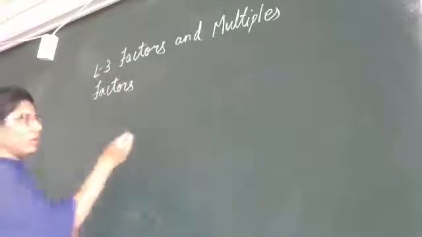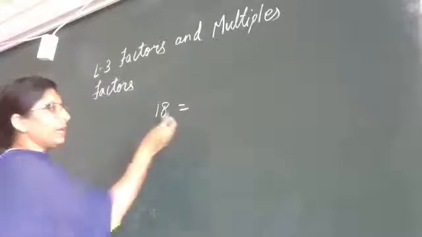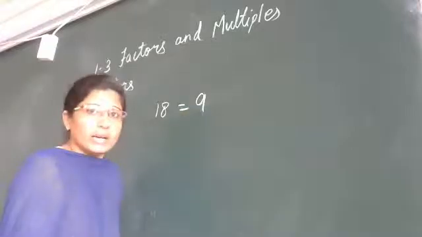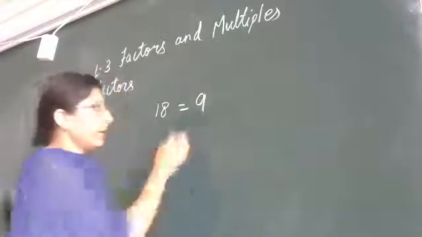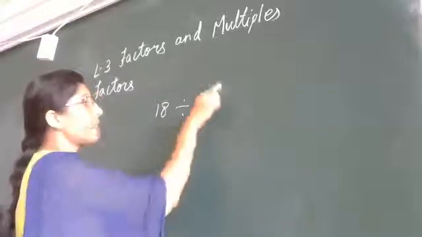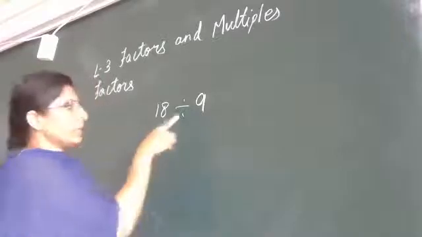If 18 is divided by 9, you will get the remainder as 0 only, no? That means 9 is a factor of 18. This you have to remember.